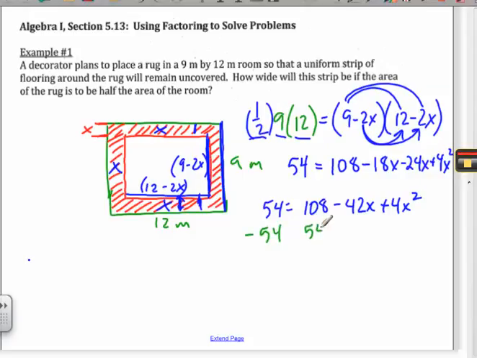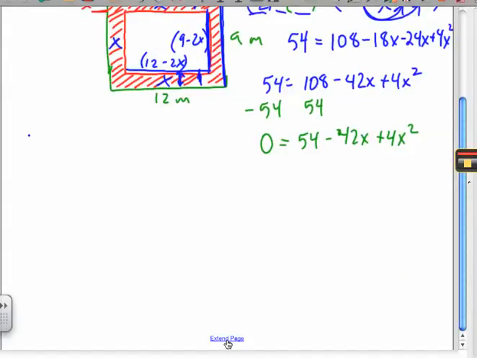So I'm going to do that, and I'm going to get 0 is equal to 54 minus 42x plus 4x squared. Wait a minute. I need to rearrange these things. I need my x squared in the front. 0 is equal to 4x squared minus 42x plus 54.